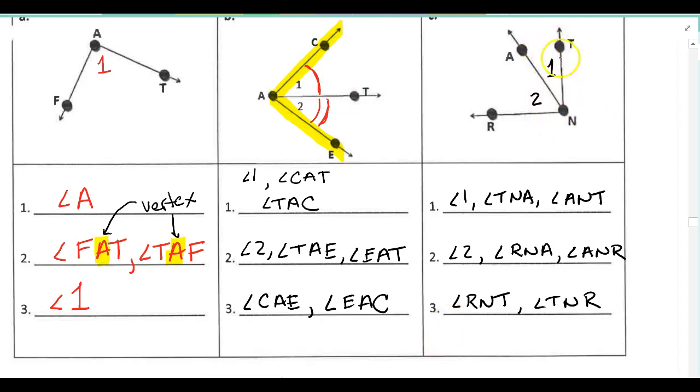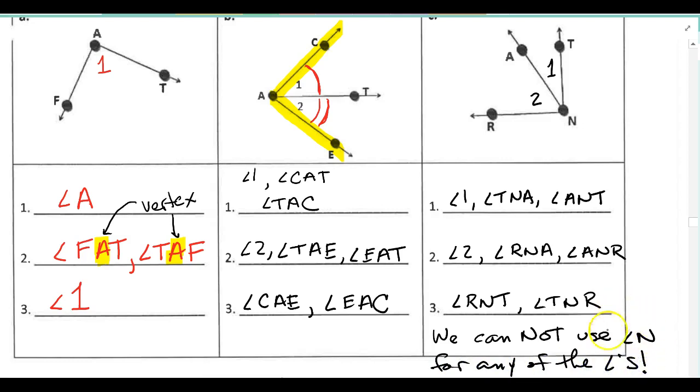We wouldn't know if we're talking about the angle in angle 1 or angle 2 or the whole big angle. So let's write a little note here. We cannot use angle N for any of the angles.